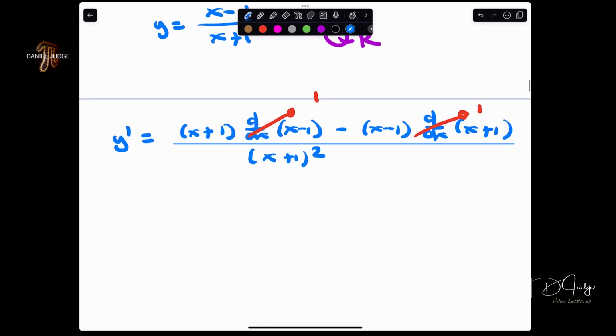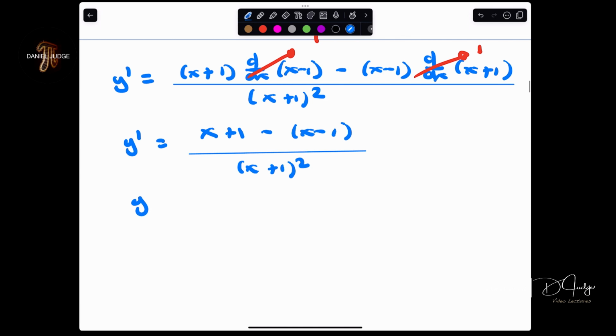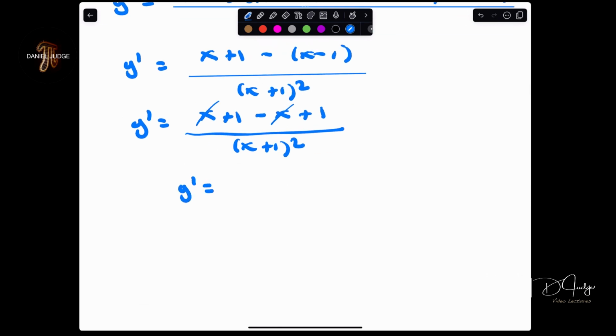This derivative is 1. So we end up with x plus 1 minus x minus 1 over x plus 1 squared. Our x's cancel, and we get the derivative going to be 2 over x plus 1 squared by the quotient rule.